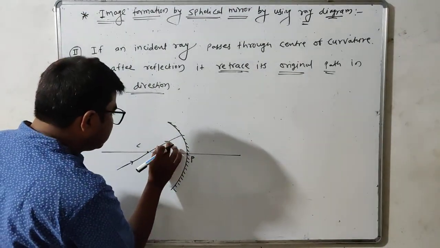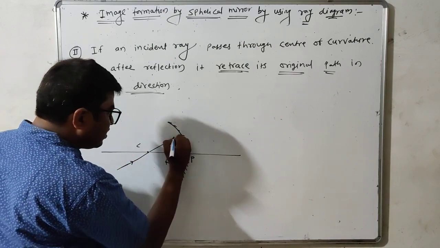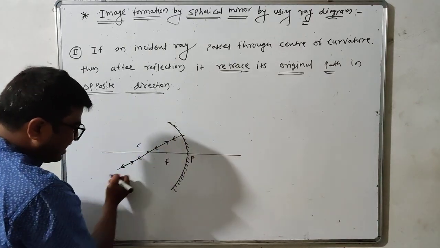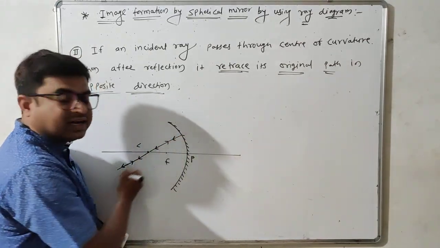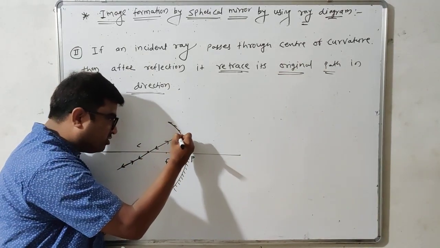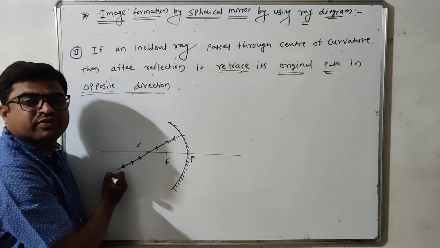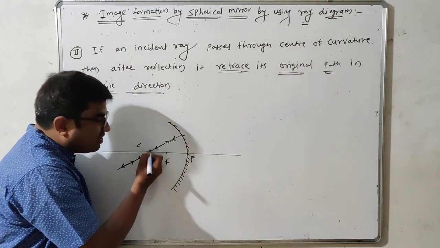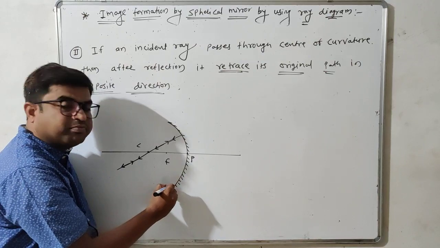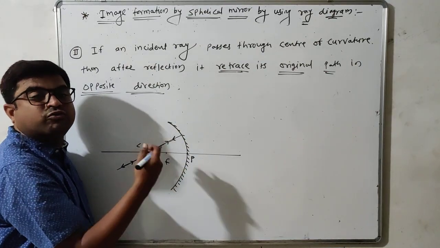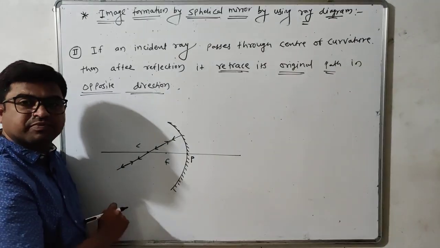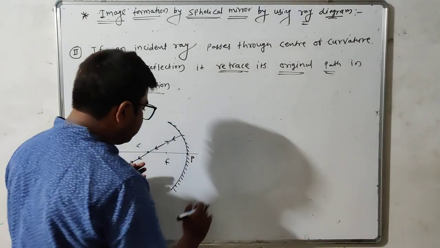Therefore, after reflection, this ray will travel along the same path but in exactly the opposite direction. Why? Because the incident ray is incident on the reflecting surface along its normal, and for normal incidence we know that light retraces its original path. Got it? Now this is the case of the concave mirror.